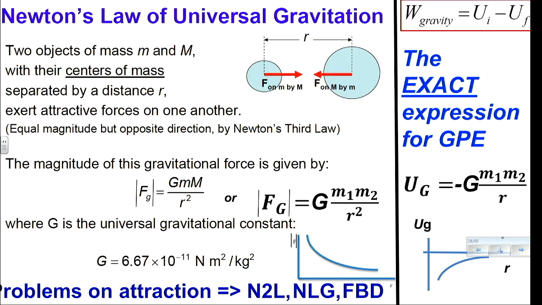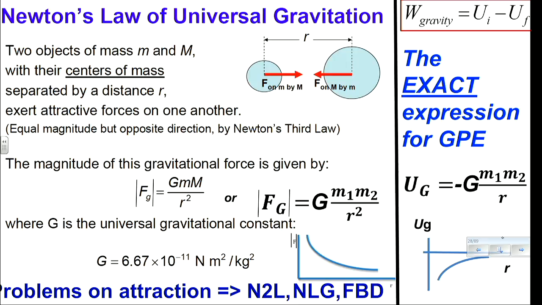But that force is so tiny because this coefficient, the universal gravitational constant, is tiny. So if you use 1 kilogram, or like 100 kilograms, and 1 meter, the force will be 10 to the negative 9, nano. It's immeasurable, we cannot measure it. So to generate a strong force, we need at least one large object. That's what we call a planet, for example, or a star. So only between large objects, gravitational attraction is strong. And now we also know that gravity does work, sometimes positive, sometimes negative.